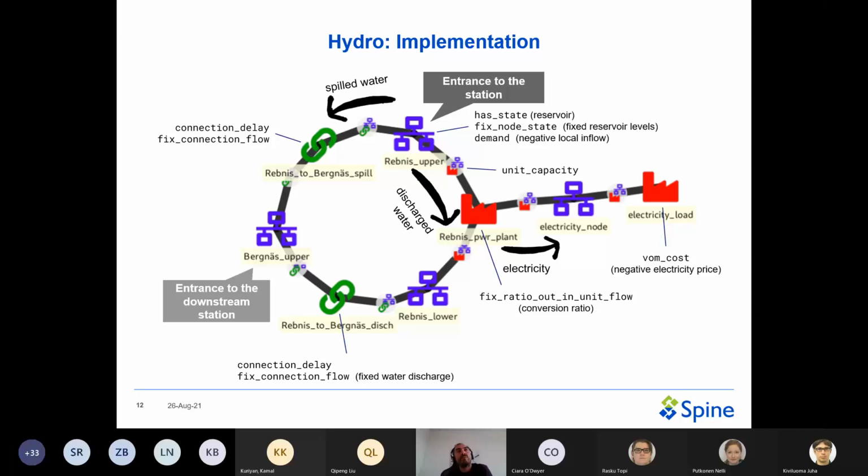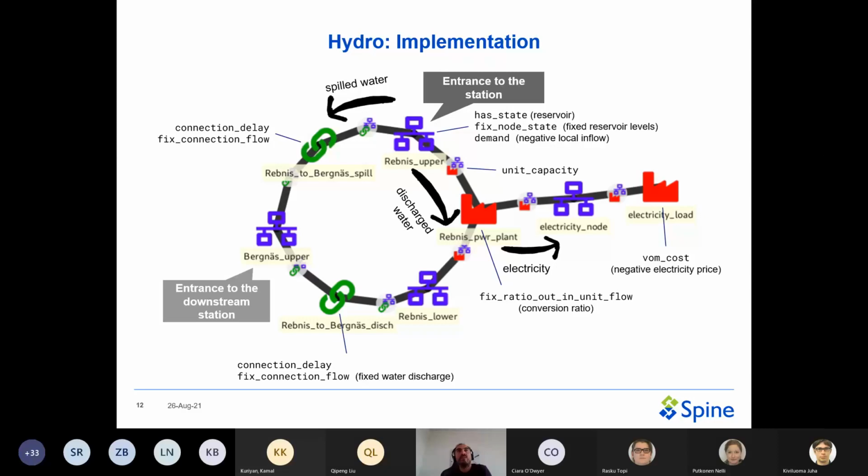For example, for the Revnis upper node, we need to specify that it has a state, and that means that this node is able to store water because it's a reservoir. And it has a fixed node state because the initial and final level are fixed, so we can specify that using this fixed node state parameter. And it also has a demand that we use to express the inflow, so it's a negative demand because water is entering the node, basically.